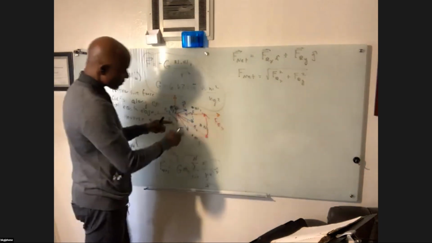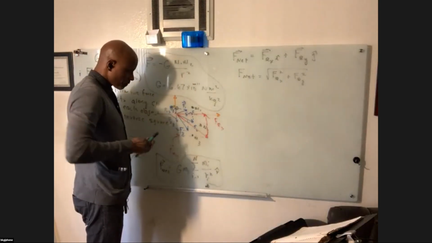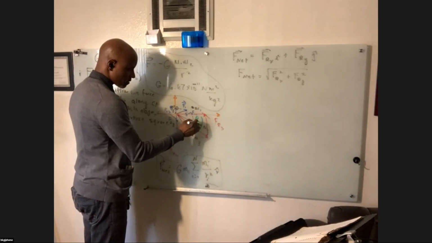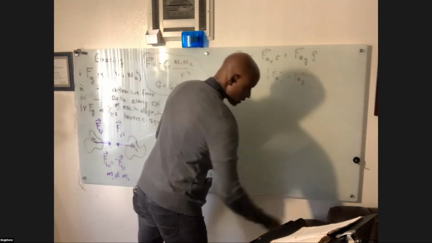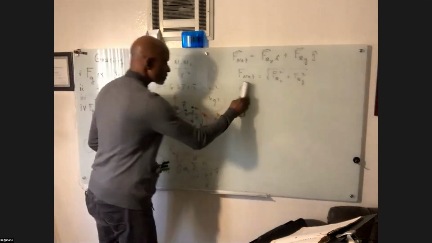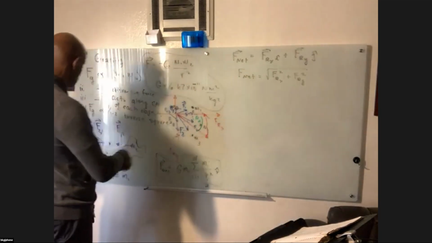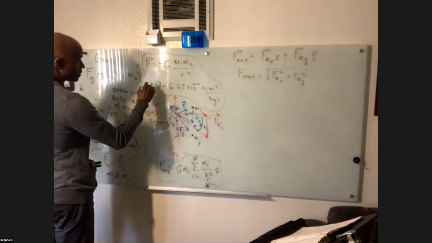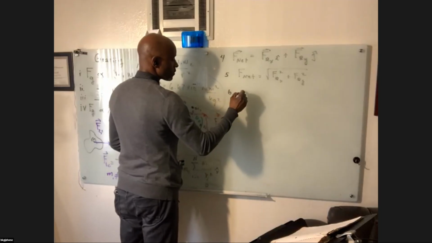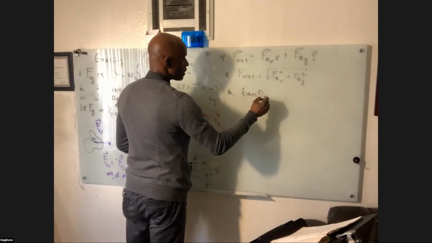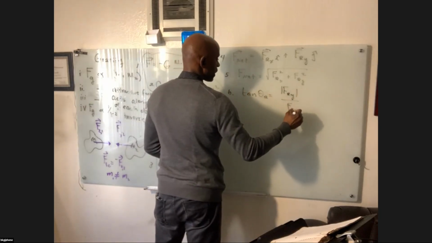And the angle that it makes with respect to the reference angle, just like all the stuff we did before, the reference angle theta sub r, that's going to be, well, tangent of theta equals FRy over FRx.